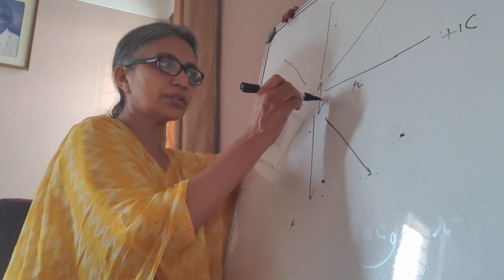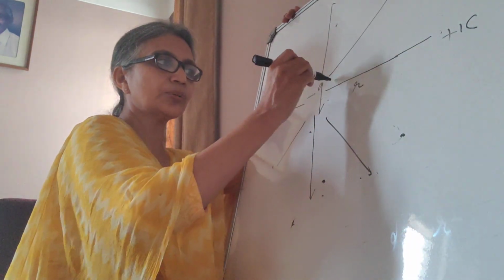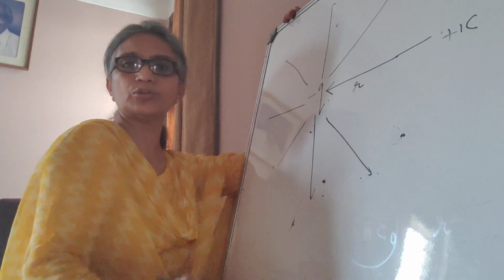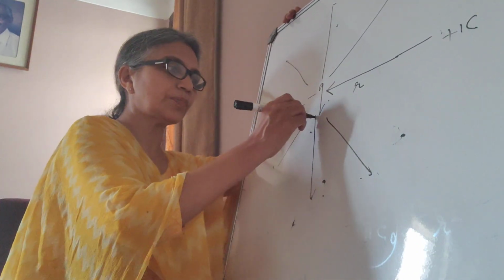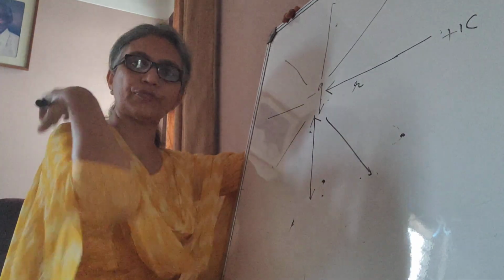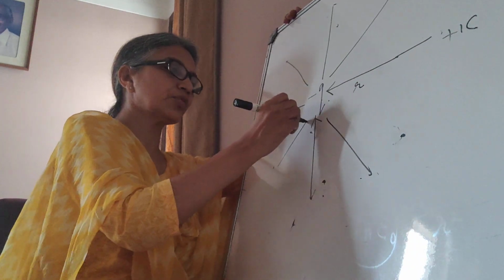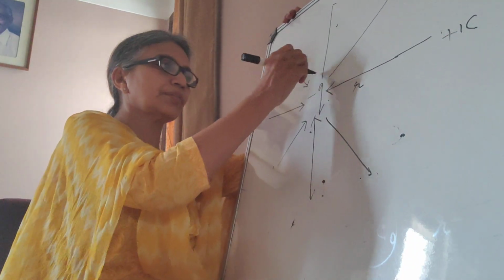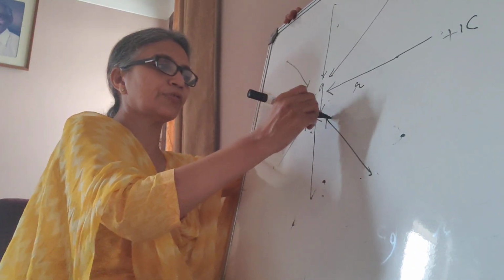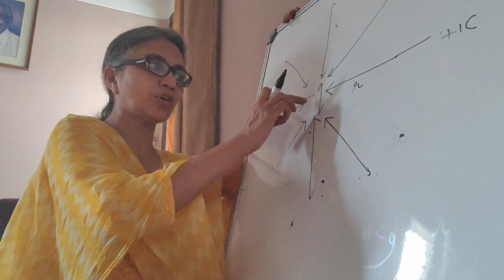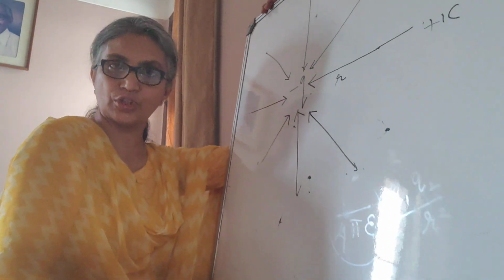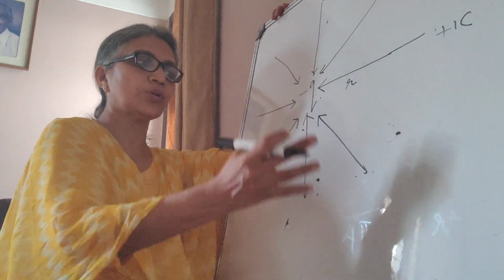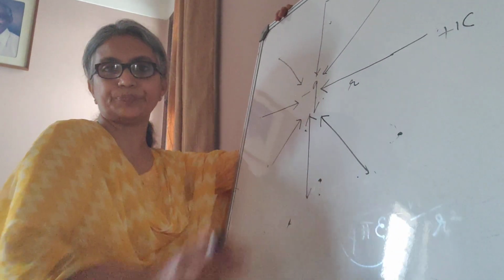So naturally the source charge is going to attract the plus 1 Coulomb towards it. So wherever you keep your plus 1 Coulomb in the vicinity of the source charge, it is going to be attracted by the source charge, and therefore if your source charge is a negative charge, then the field lines will be radially inward.